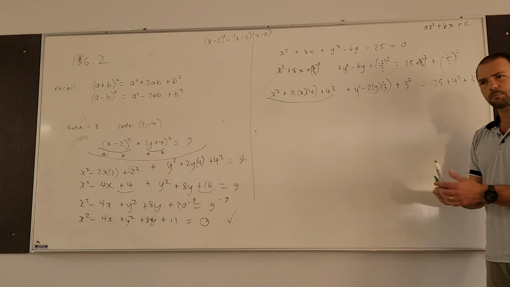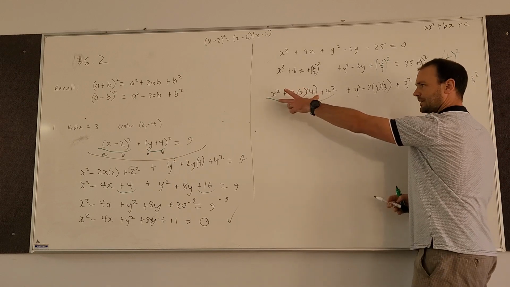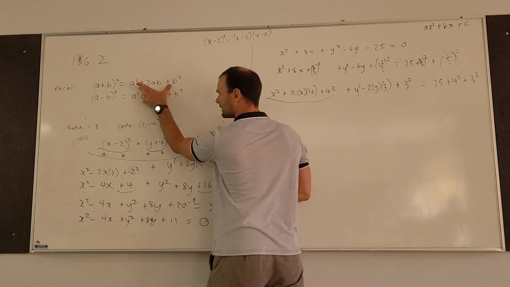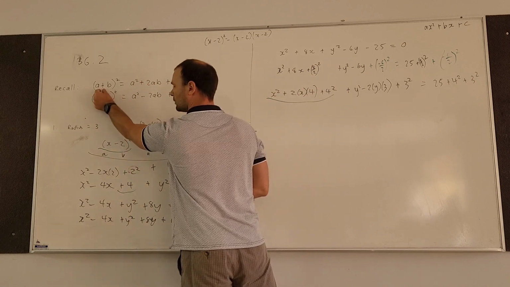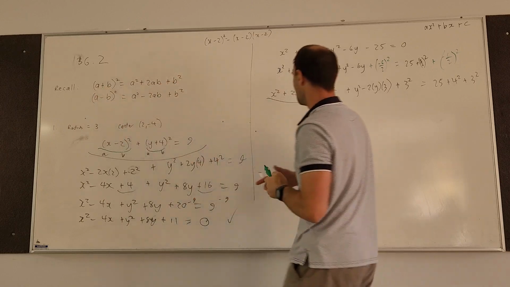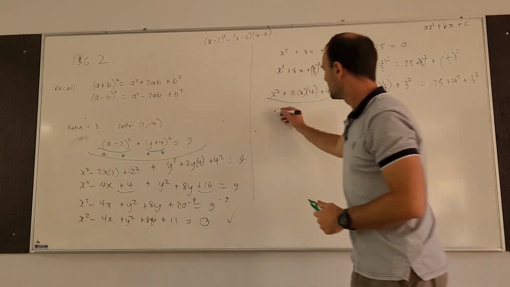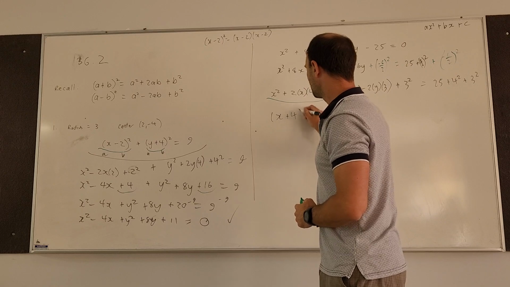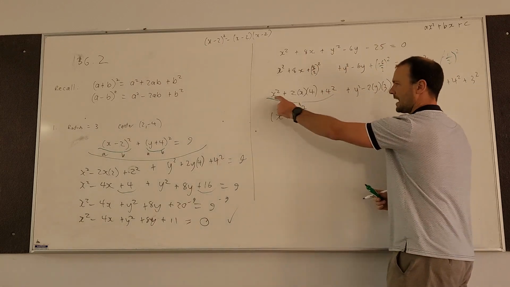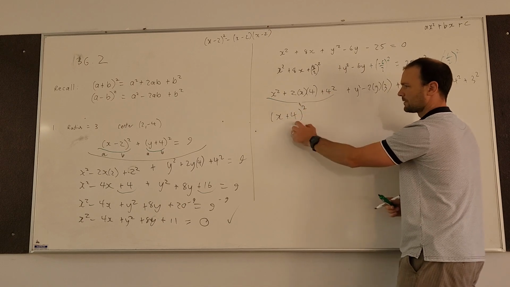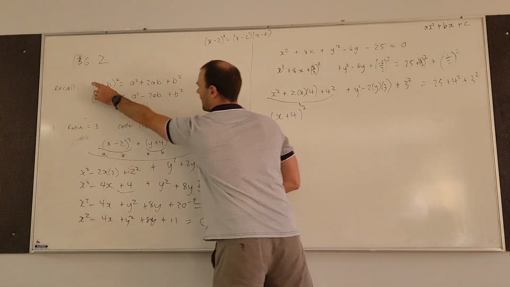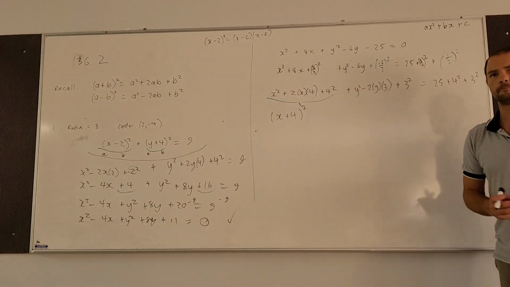Because we've expressed it like that, fully expanded, we can go the other way. If we have a statement that looks like this, we can simplify it to look like that. So this whole thing simplifies to x plus 4 squared.